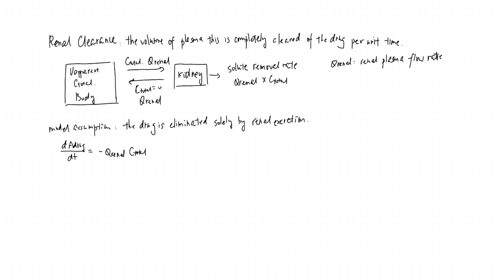This is the mass balance equation. Maybe it's not quite the governing equation yet. To make it the governing equation, we recall that A drug equals V apparent multiplied by C total.